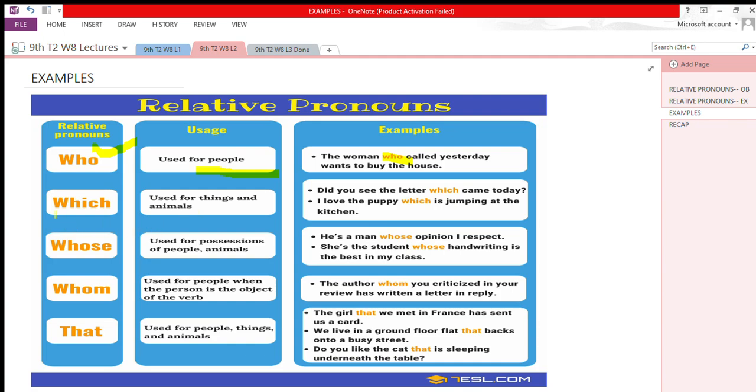Which is used for things and animals. Did you see the letter which came today? I love the puppy which is jumping at the kitten. Not kitchen, it should be kitten.